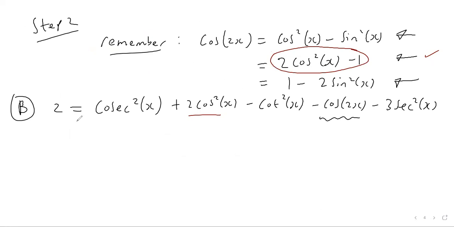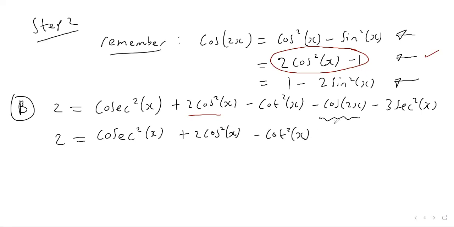So we can write that 2 is equal to cosec squared x plus 2 cos squared x take away cot squared x, and then minus, using this identity in square brackets to emphasize, 2 cos squared x minus 1, and then subtract 3 sec squared x. The 2 cos squared there, take away this cos squared, will just cancel out.